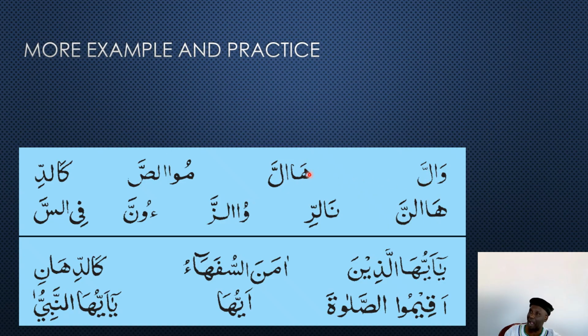Here you've got ha with alif, which is ha, and you've got alif again, which is supposed to say an even longer ha, but there's a lam with a shadda fatha. So the alif in the middle is ignored, and you're just going to say halla.